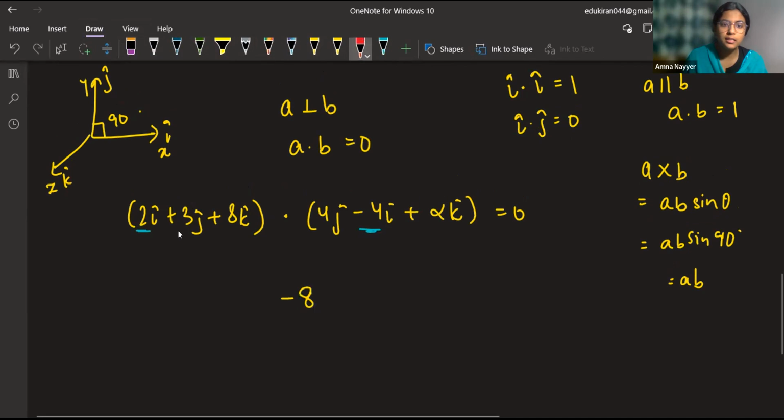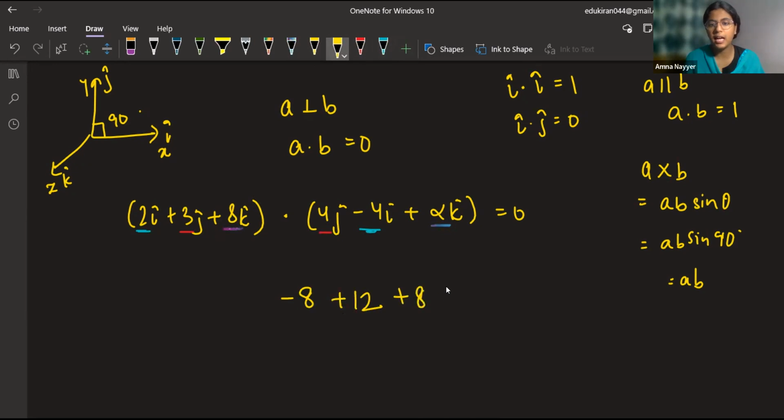Now you will write 3 multiplied by 4. So that will become 12. And which is left now, rest one? 8 with alpha, 8 into alpha. So that becomes plus 8 alpha is equal to 0, right? So here you will have 8 alpha is equal to -4. Alpha will be equal to minus half.